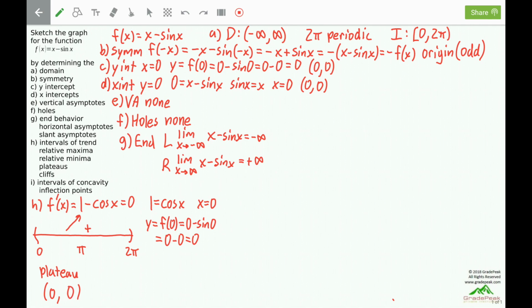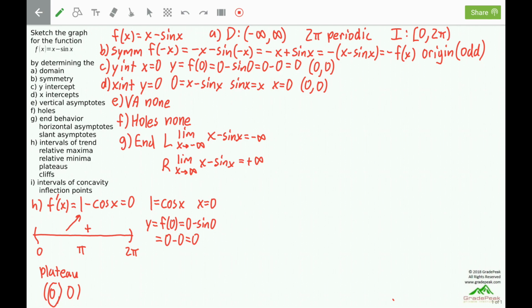We can now extend this result to the entire domain of negative infinity to positive infinity using the 2 pi periodic nature of sine x. To each x value, we can add the period 2 pi times n, an integer. For the plateau, the x-coordinate is an x value.